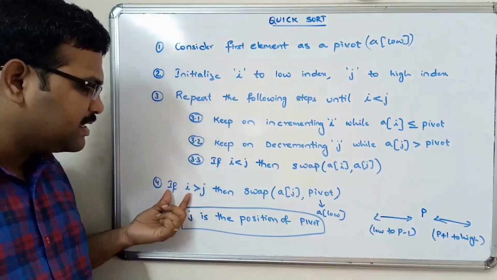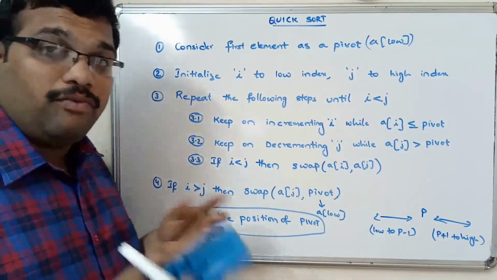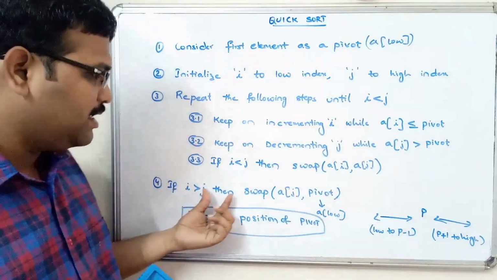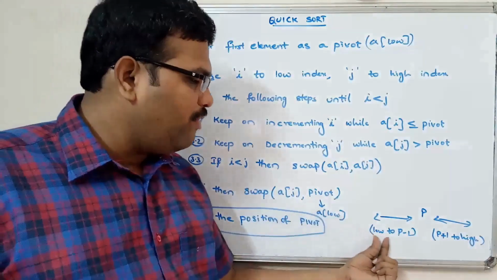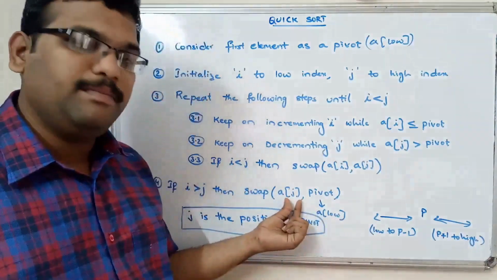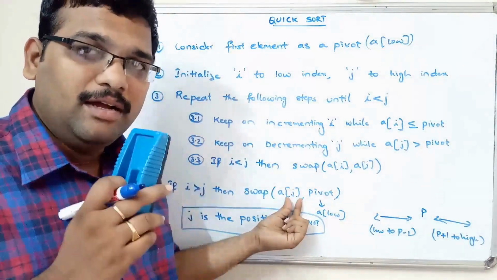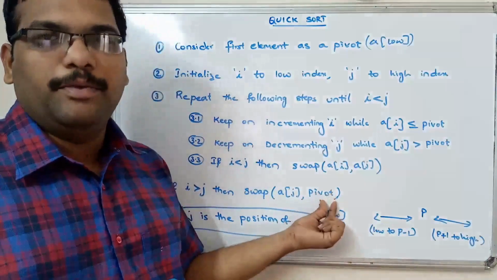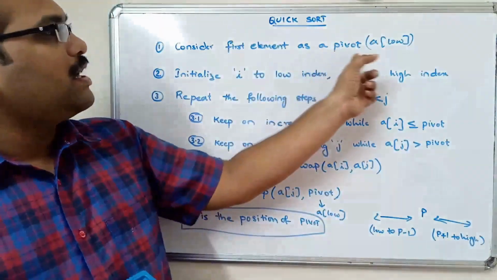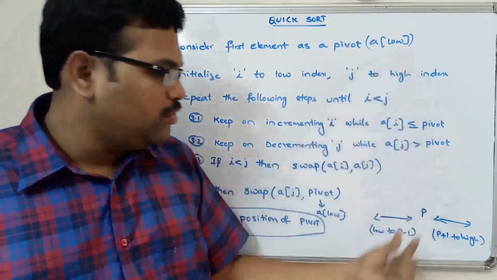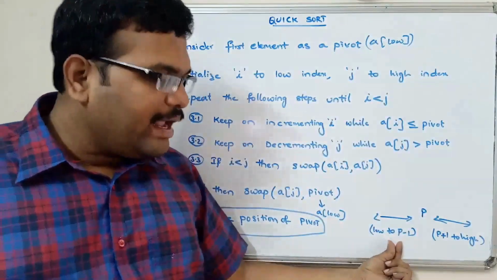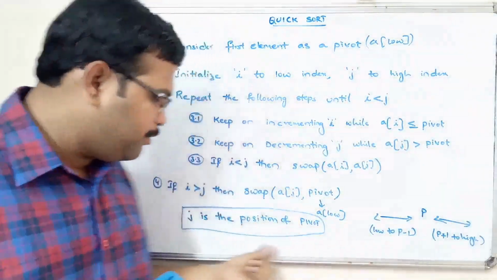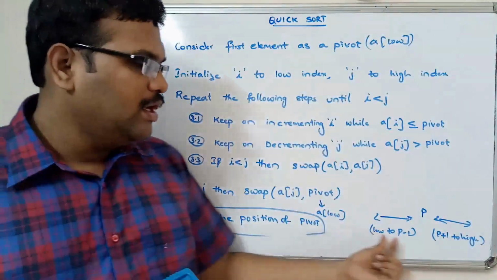Then if i is greater than j, the index value of i is greater than the index value of j, then simply swap the low value with a of j, that means the value present at position j. Here a of low means nothing but the pivot value, because in the first step we are considering the first element as the pivot. So j is the position of the pivot.